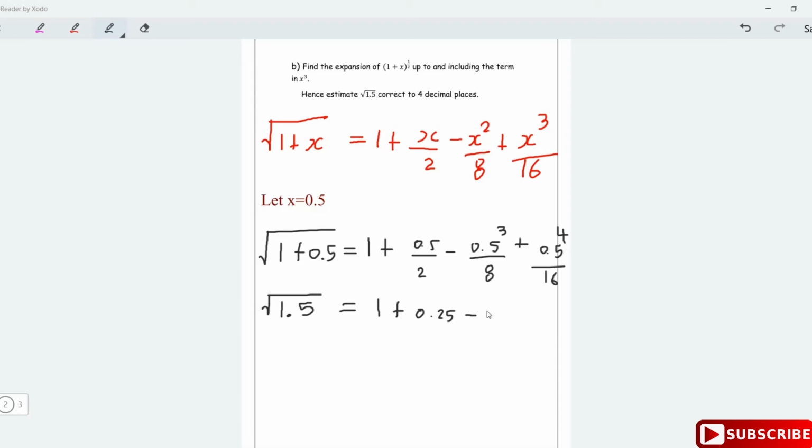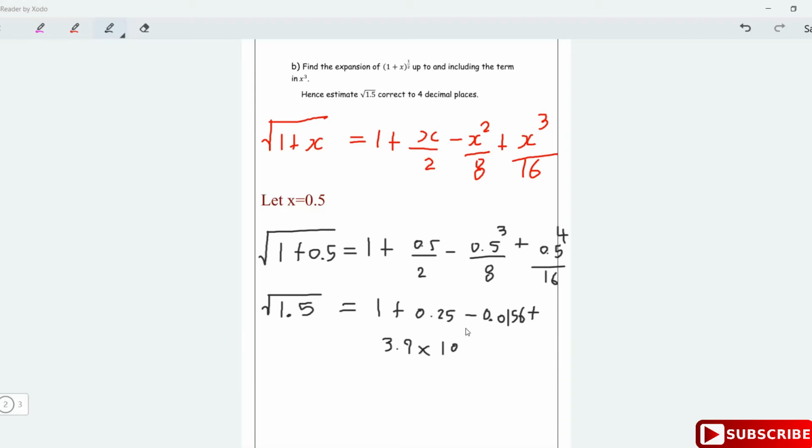That is a very small number. I'm getting 0.0156, somewhere of that sort, plus 0.5 to the 4 over 16. I am getting plus 3.9 times 10 to the negative 3.